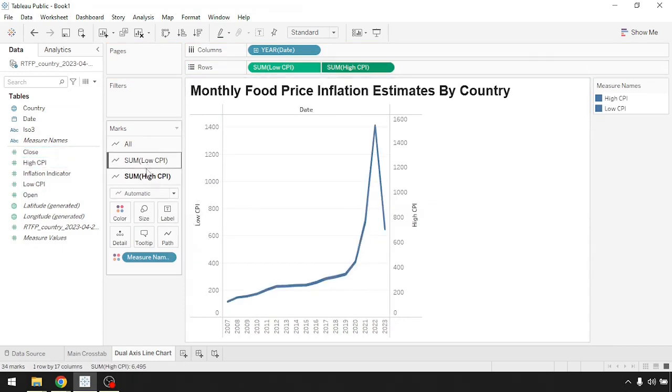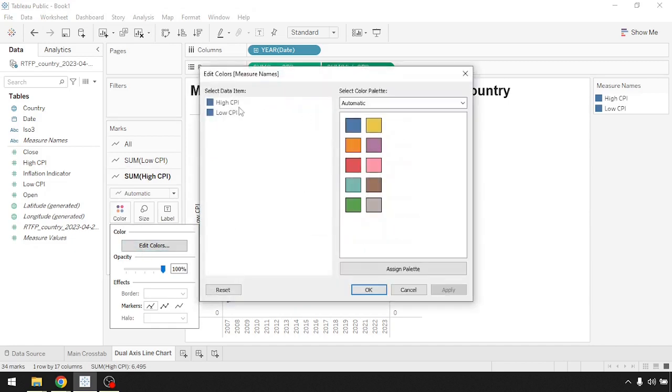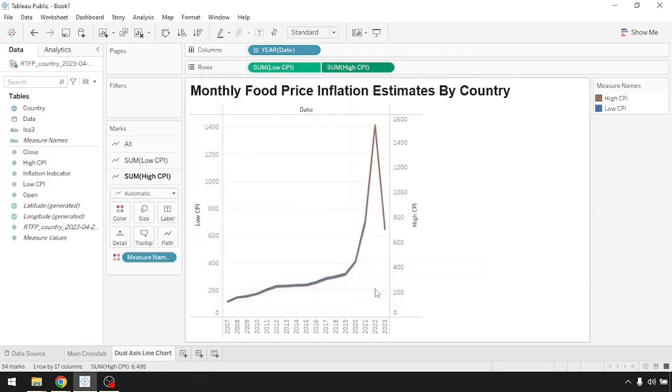And I'll have to change the color for one of them. And there you go. Although there's a very slight difference between their distribution, this one starts from 0 to 1400, and the high CPI starts from 0 to 1600.